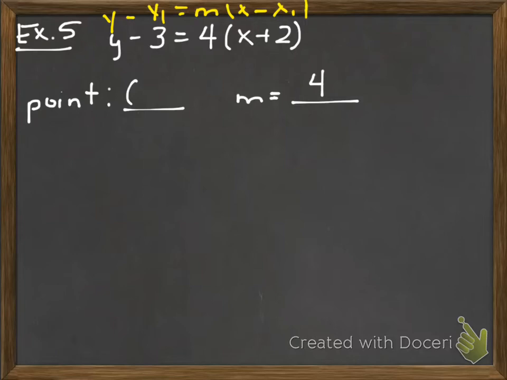So in order for this to be a positive, the other number has to be negative. So our x value then is negative 2.